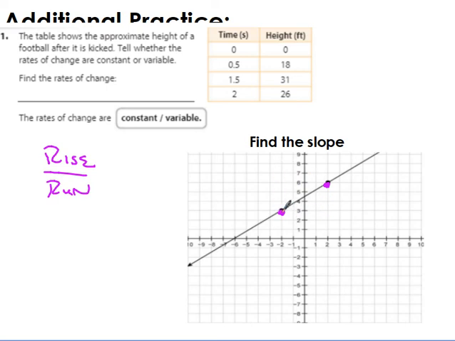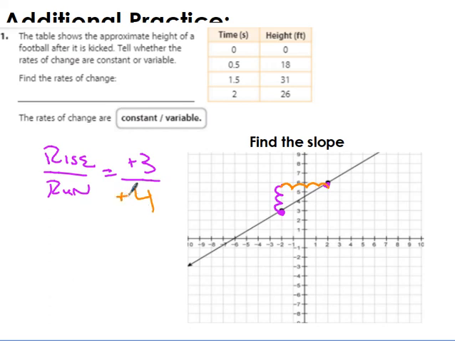So one thing you can do with your pencil and paper is you can count. 1, 2, 3. So my rise, I went up 3. Then my run, I go from here, 1, 2, 3, 4. My run, I went to the right 4, and right is positive.